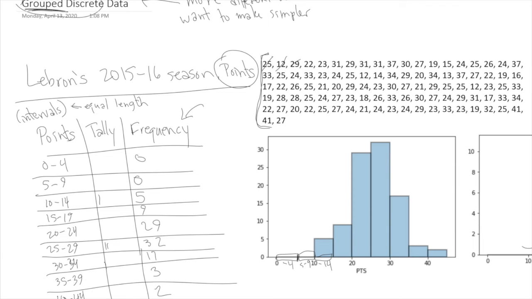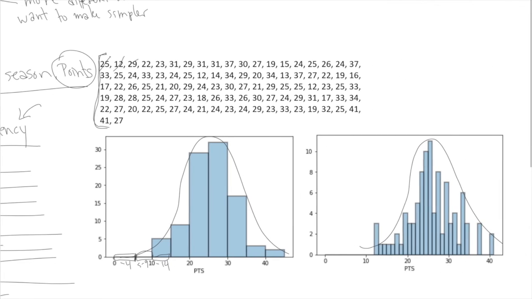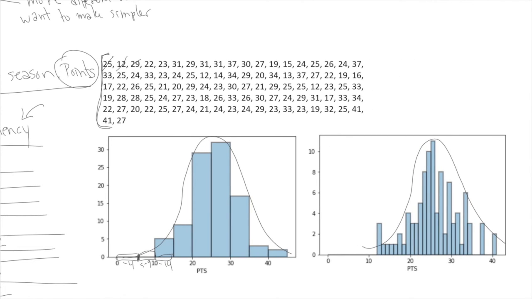You see there's one bar for each of these different intervals or groups. Now we can see there's not the weird up and down thing going on. It's just more smooth. Let's compare this overall trend to what we had before. We can see it's roughly the same shape.